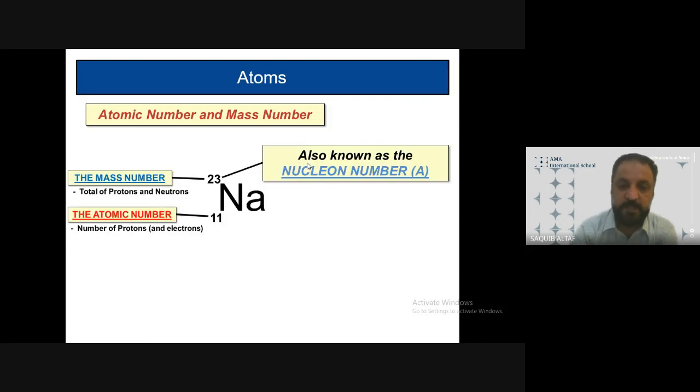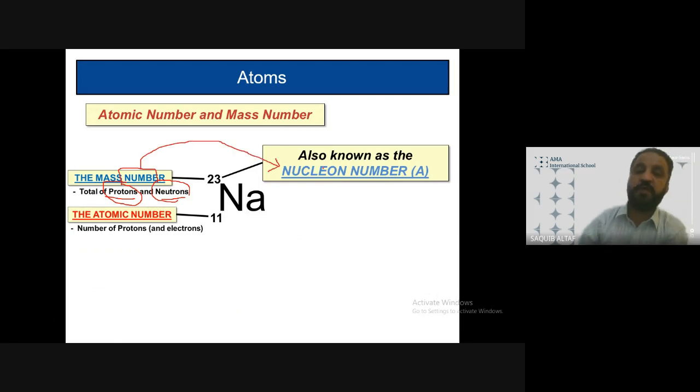Mass number is also known as nucleon number. Why? Because protons and neutrons are both inside the nucleus. Mass number is the sum of protons and neutrons, both inside the nucleus, so it is also called the nucleon number.